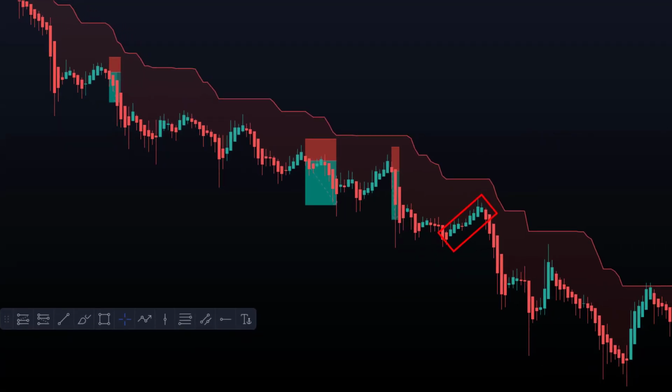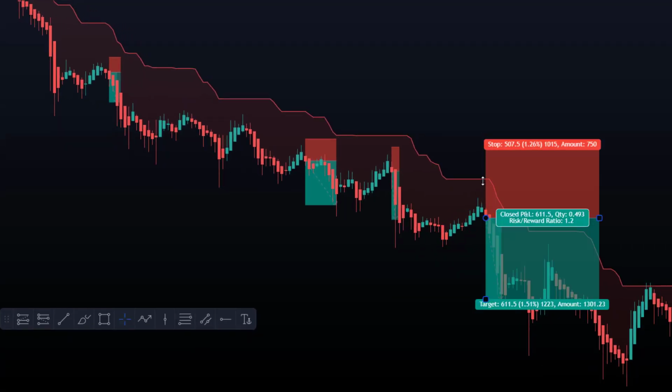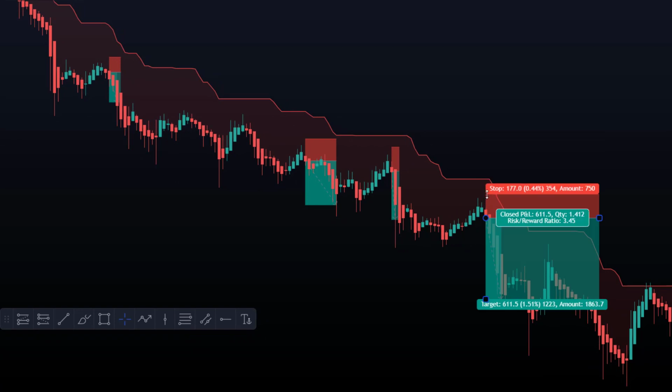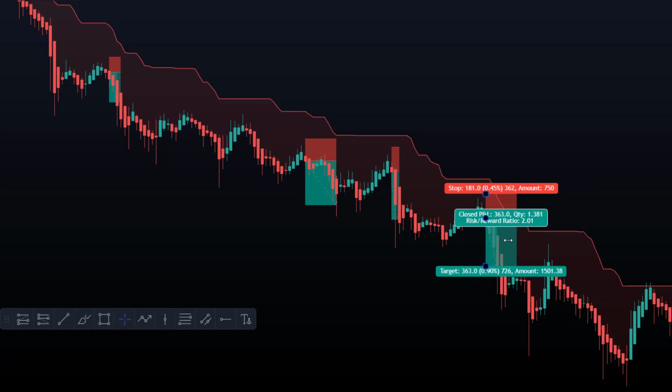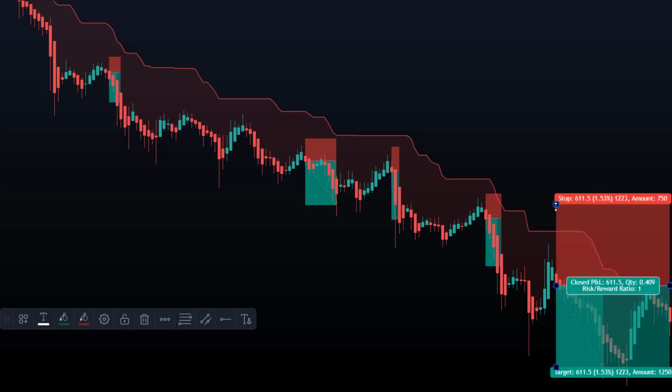Here we see another entry moment. So we open a position. Then again a sell position that closes profitably.